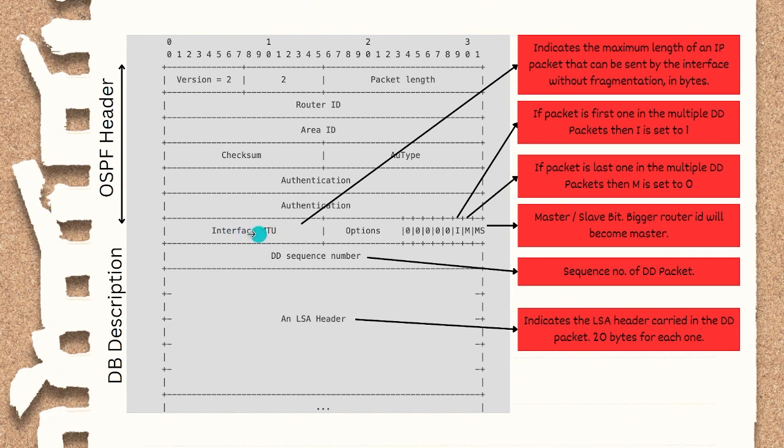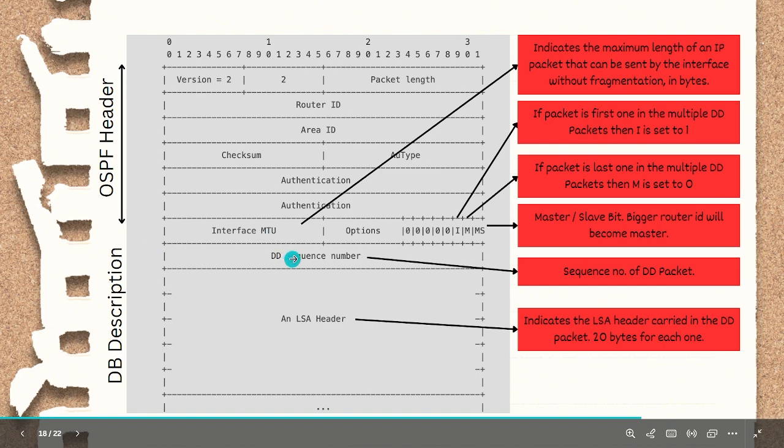By default we will choose the lowest MTU, and the sender side will send the packet in such a way that it won't be fragmented in intermediate devices. So if this is the first packet from the sender side and there are multiple packets, this I flag will be set to 1, which will indicate to the destination device, the ultimate receiver, that there will be multiple DB description packets coming from the same neighbor.